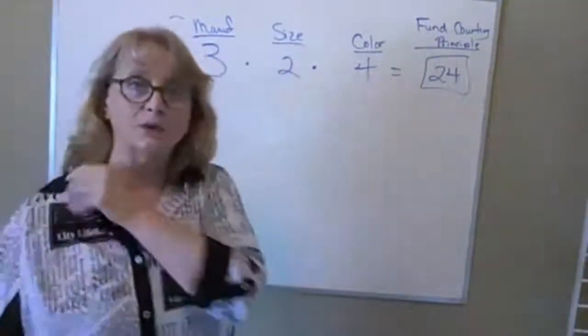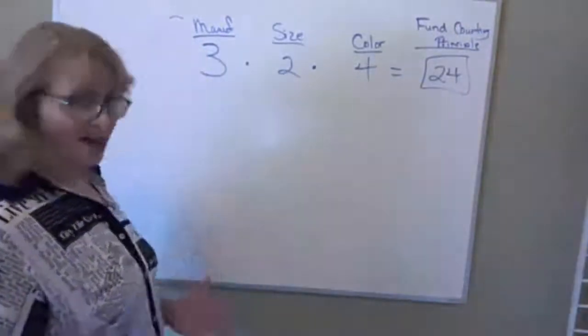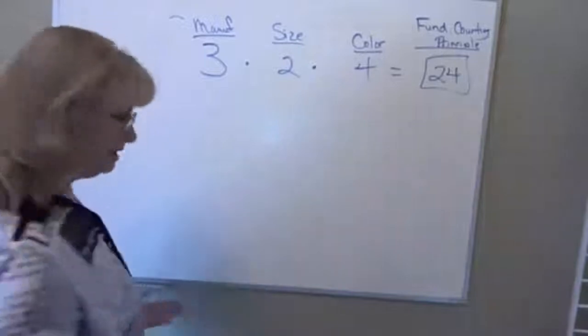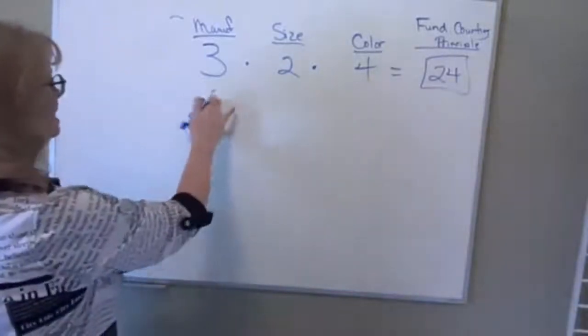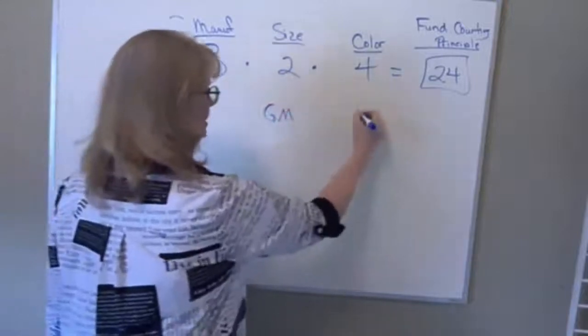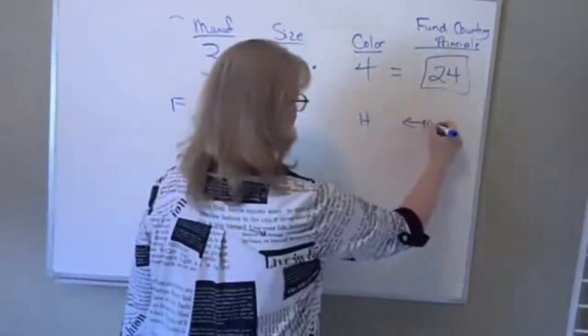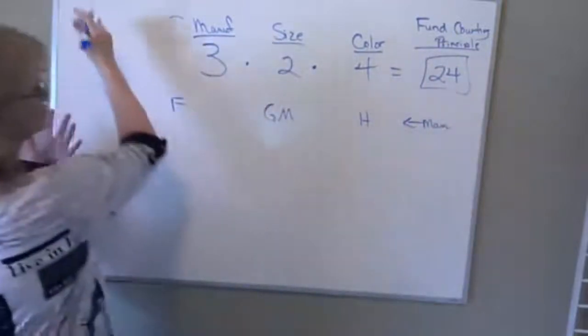Now they said to check it with a tree diagram. Drawing a tree diagram for this is not that easy, but we could do this. Remember the manufacturer was Ford, I believe it was GM, and Honda. So there's our manufacturers. Tree diagrams can also be drawn this way.